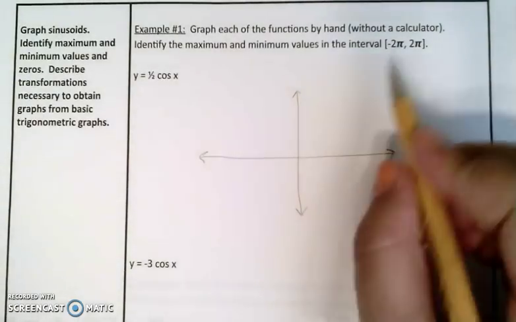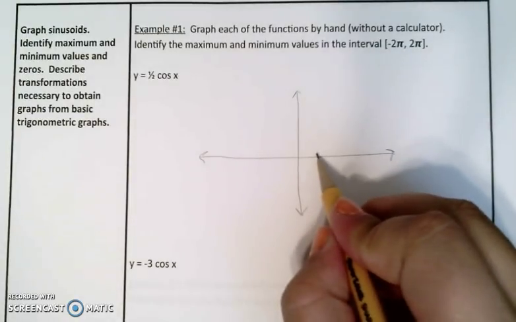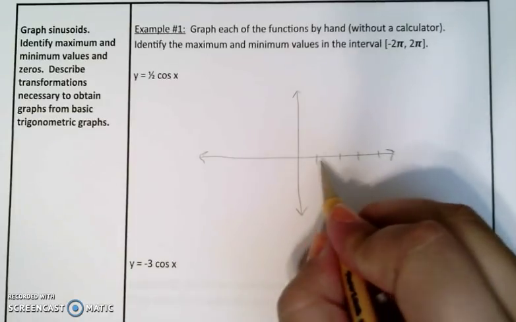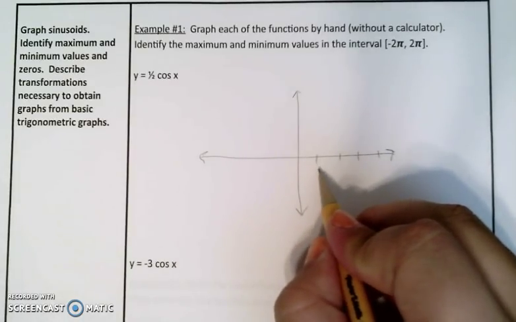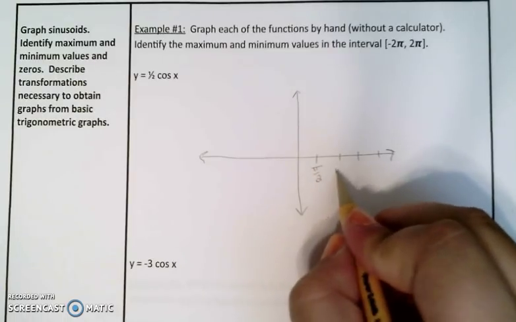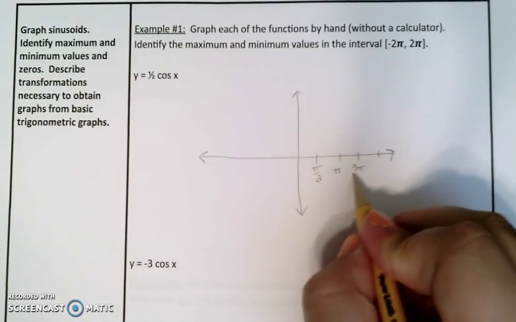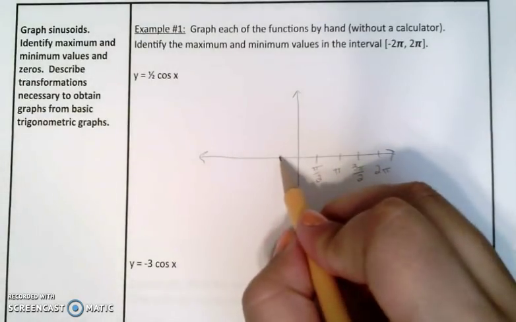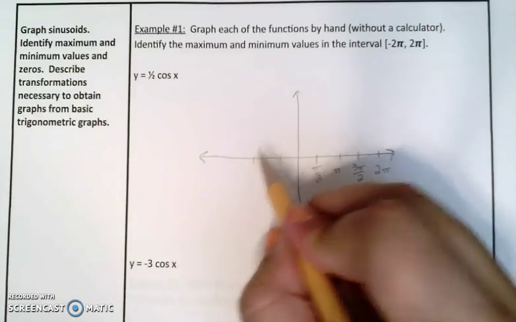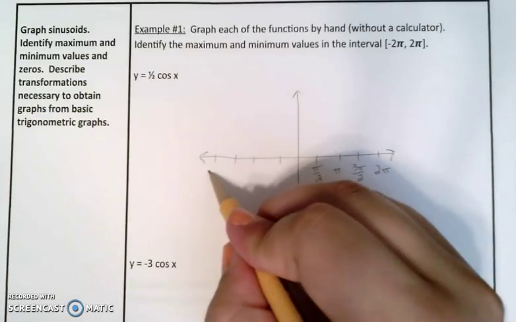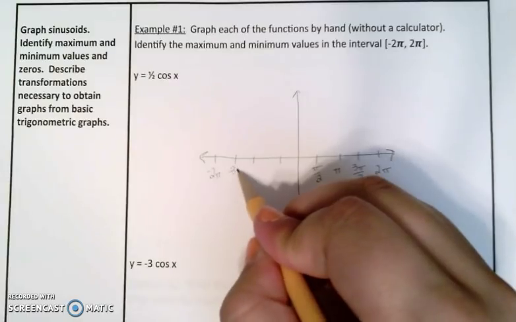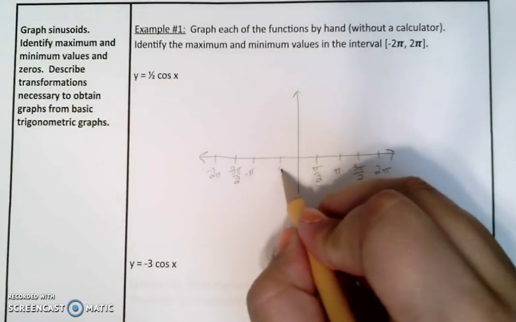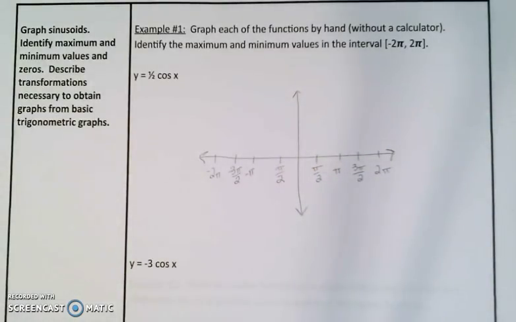Because we're working in radians, I'm going to mark my x-axis in radians. Each quadrantal angle, starting with pi over 2, pi, 3 pi over 2, 2 pi, and likewise on the negative x-axis: negative pi over 2, negative pi, negative 3 pi over 2, negative 2 pi.